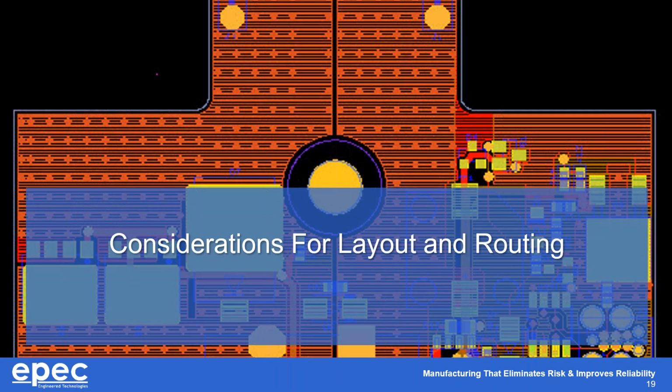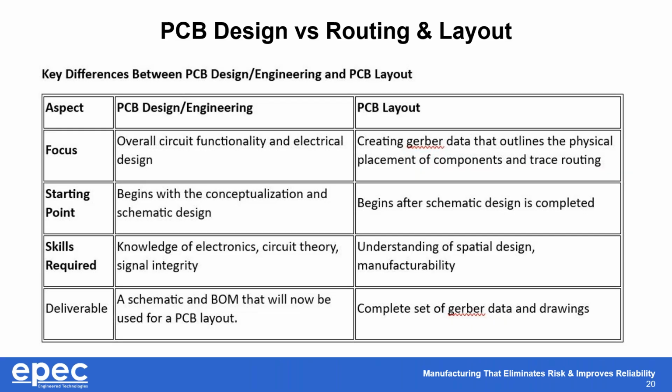So, considerations for layout and routing. I did a little side-by-side chart here with the difference between the electrical engineering and the routing and the layout. If you look at the left column, this is all electrical engineering: your PCB design and engineering, overall circuit functionality and electrical design, your concept, your schematic is built, your knowledge of electronics, circuit theory, signal integrity, and your schematic and BOM have been developed.